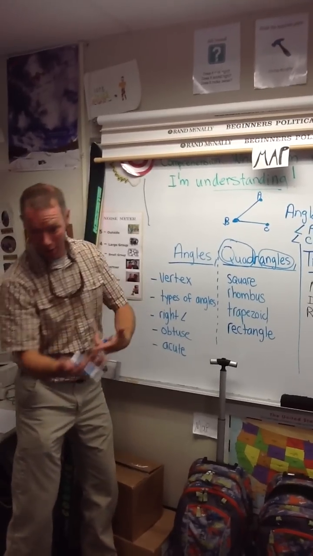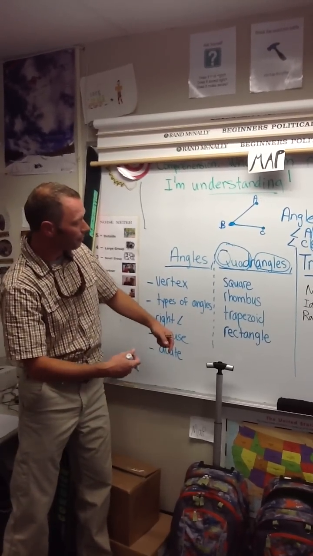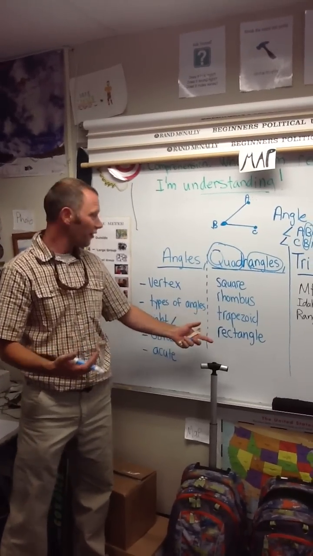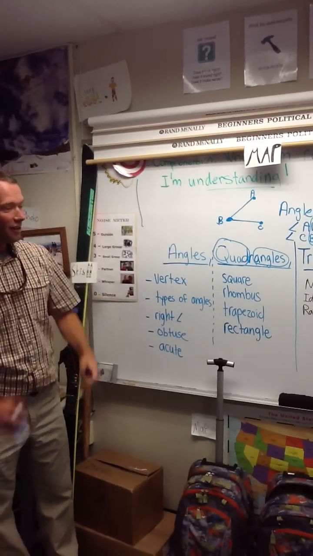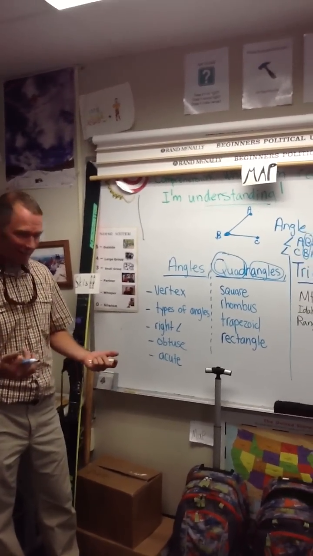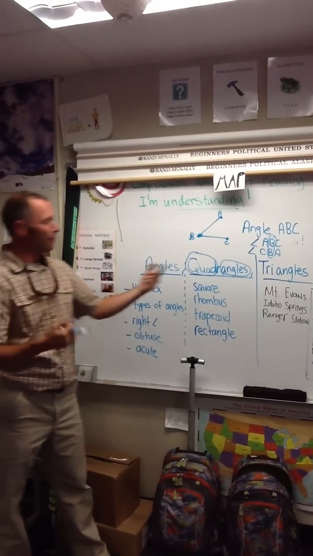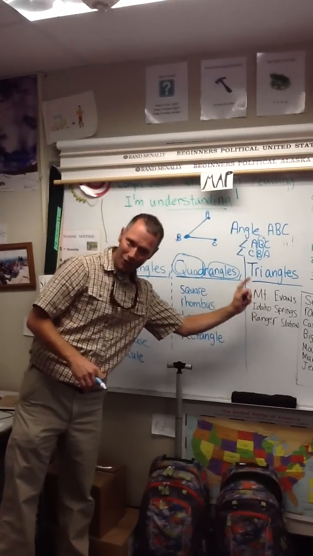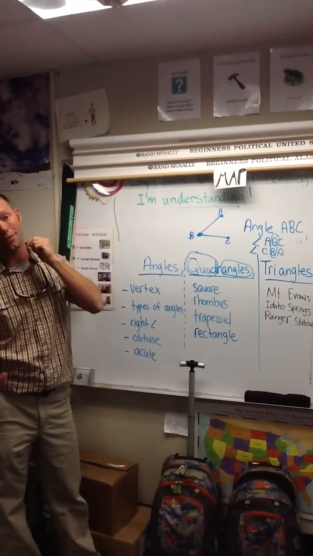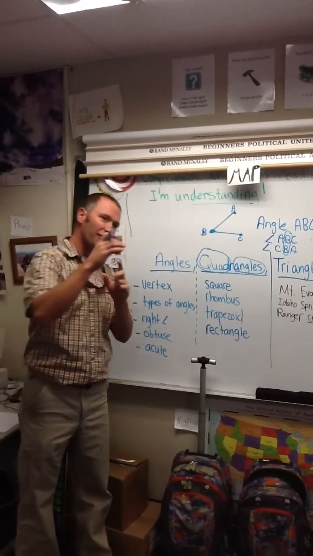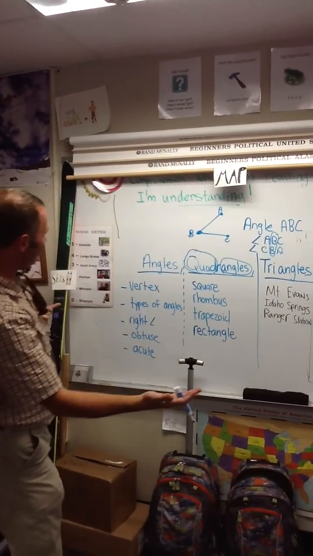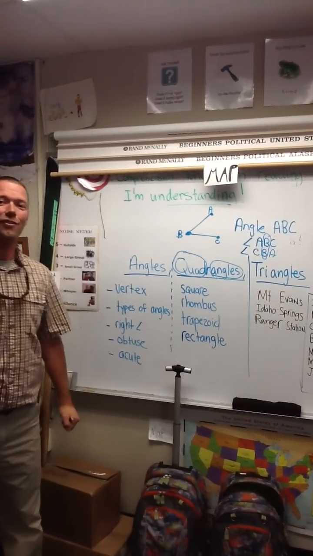So tomorrow in the classroom as well, we'll be doing some demonstrations with straws, creating trapezoids and other quadrangles. And then finally, for tonight's lesson, we'll be talking about triangles. I know you 4th graders know lots about triangles, but we'll be classifying them based on their angles and characteristics as well.